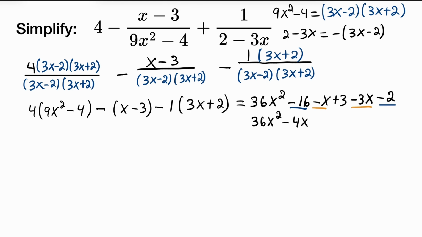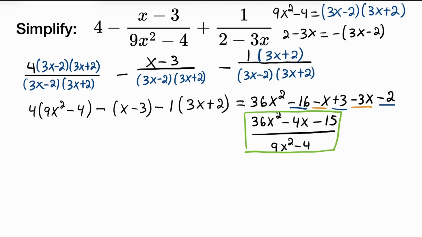Negative 2 is negative 18. Plus 3 is negative 15. And that is over 9x squared minus 4. And that's your final answer.